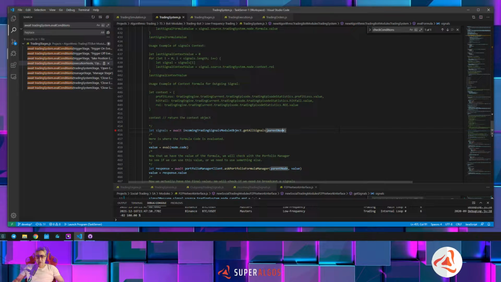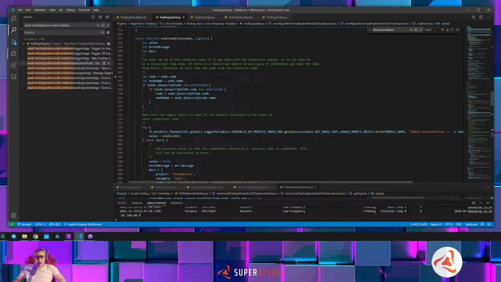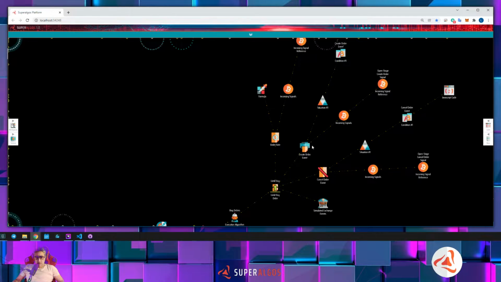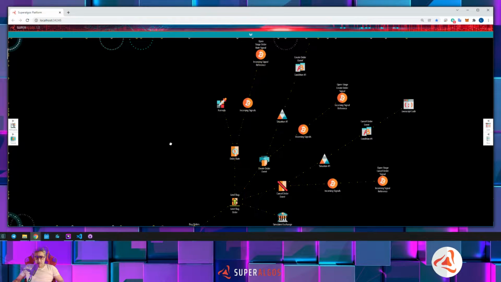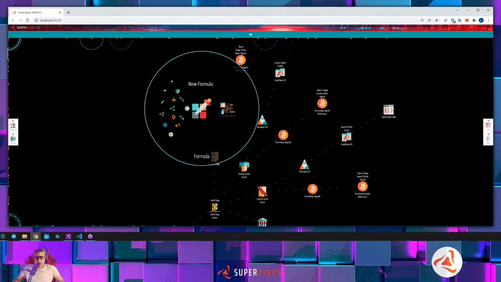The problem with the conditions was, why don't we do the same thing when we evaluate conditions? Maybe we can do it, but the main difference is that if this node has a formula, it has only one formula.